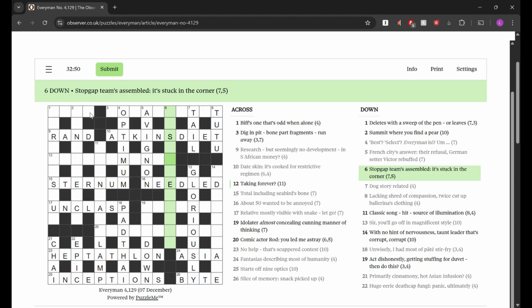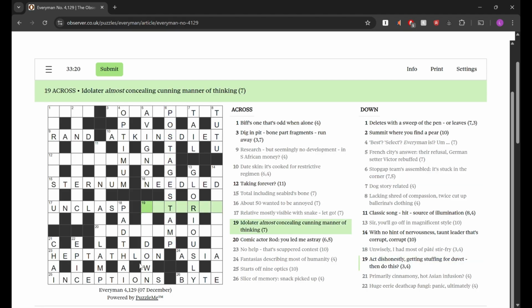Let's try and get this one because we've got the letters that we need. The only guesswork is figuring out the order. Stuck in the corner. Postage. Stamp. Yeah.